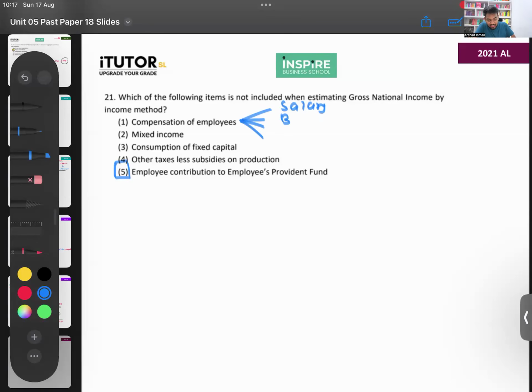You have any bonuses, any, let's say, social security contribution on behalf of you. Now, the employer, the place you work, on behalf of you, they pay some amount of money for the EPF, ETF. That is also part of social security contribution. That's a part of compensation of employees. Social security contribution by employer will be a part of this.